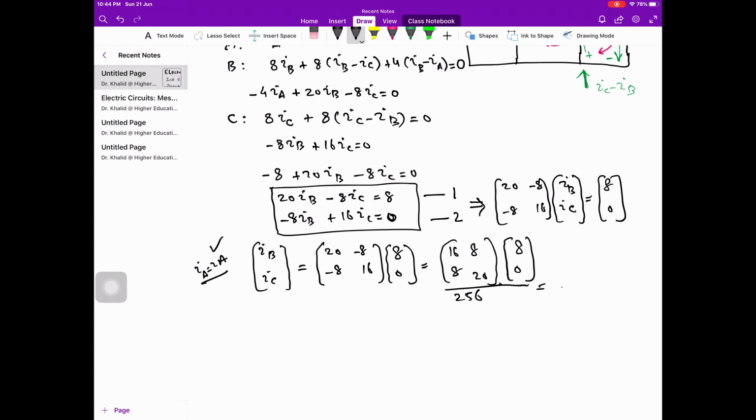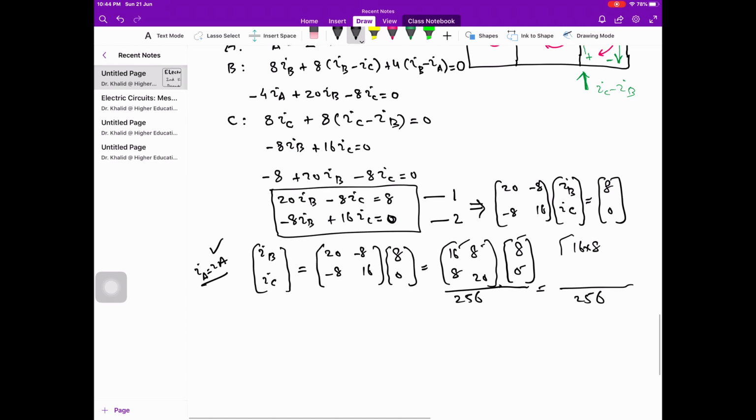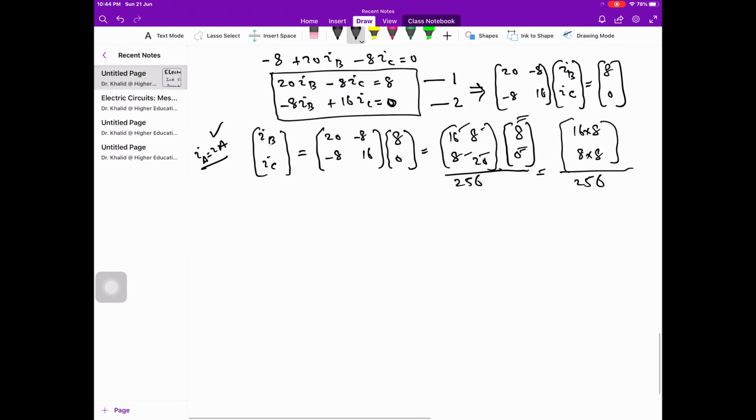And this is equal to, I will keep this 256, and this is 16 multiplied by 8 plus 8 multiplied by 0, and then the second row is 8 multiplied by 8 and 20 multiplied by 0, so this is 8 multiplied by 8. I haven't calculated it previously, so I have to calculate it by hand.